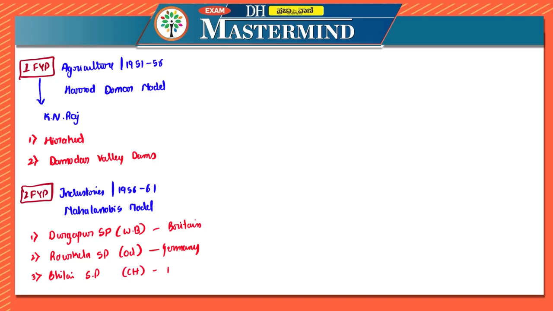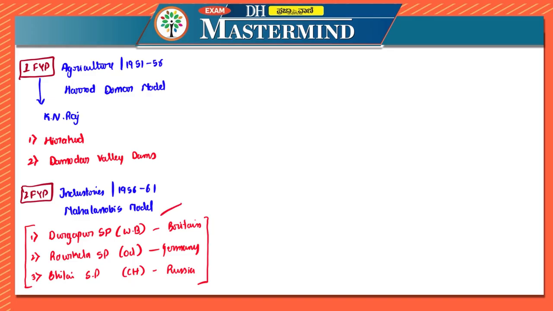This was by Russia. This question they have also asked in the examination previously as match the following. So the Durgapur steel plant was in collaboration with Britain. Rourkela was by Germany. The Bhilai steel plant was by Russia. So these were important industrial developments which had happened at this point of time.